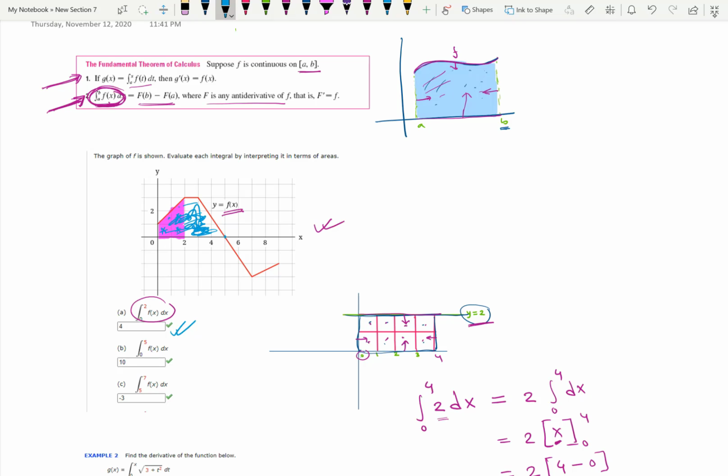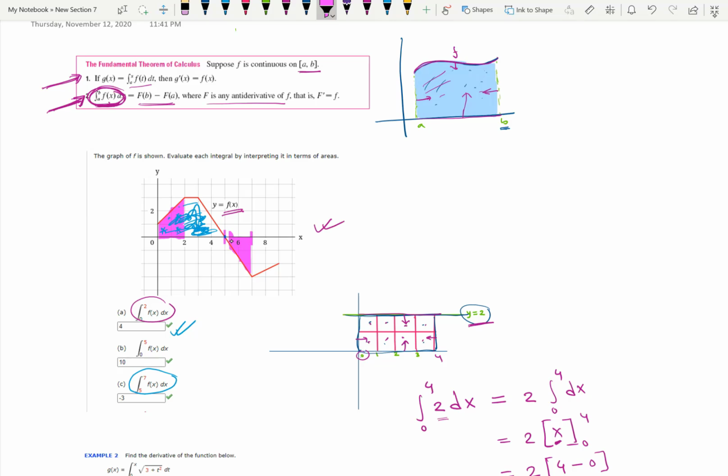Now if the graph is above the x-axis, then the area is positive, and if the graph is below the x-axis, then the area is negative. For example, here if you want to find the area from 5 to 7, so this point is 5, this point is 7, we want to find the area of this part.